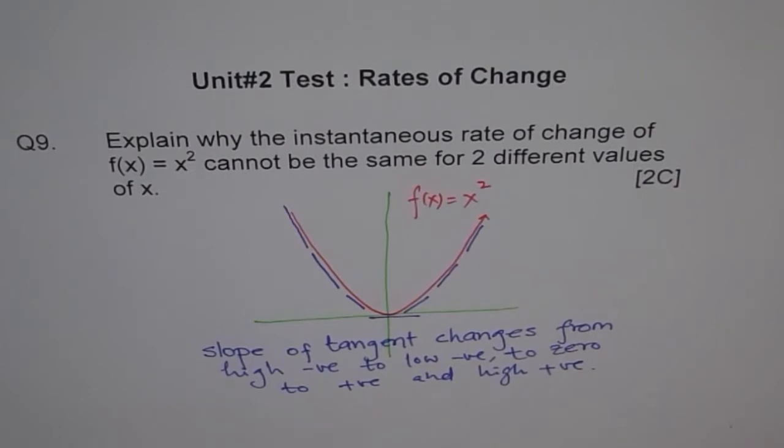So all throughout we see that the rate of change is increasing as we move from left to right. So there are no two points on the graph with the same instantaneous rate of change.